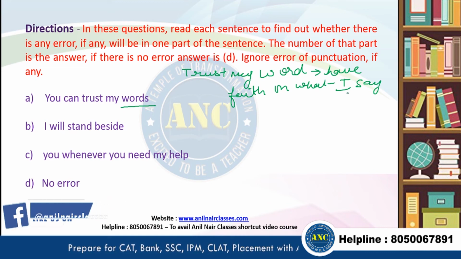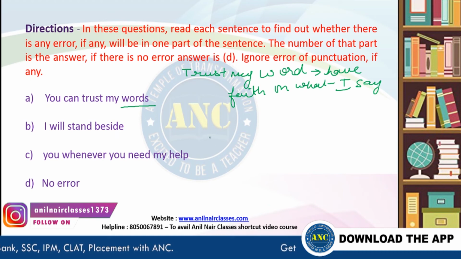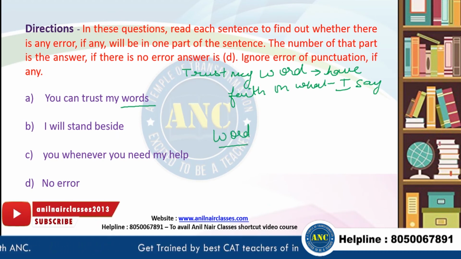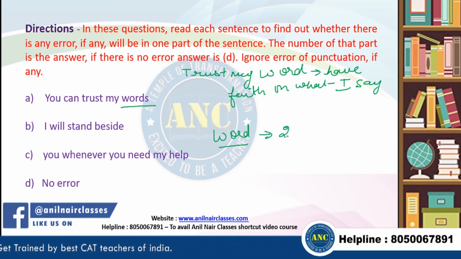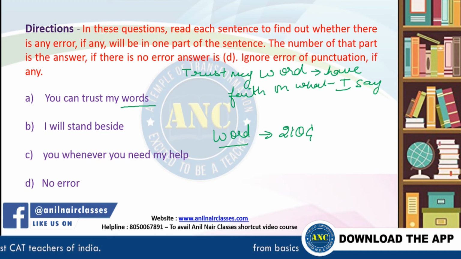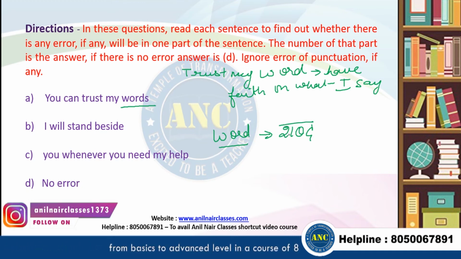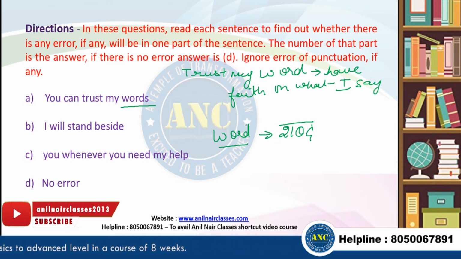Trust my word, which means to have faith in whatever one says. If you say the simple word, what is the meaning of word? It means, in Hindi we call it shabd. Right? The collection of alphabets that creates something meaningful, a word which has some meaning.